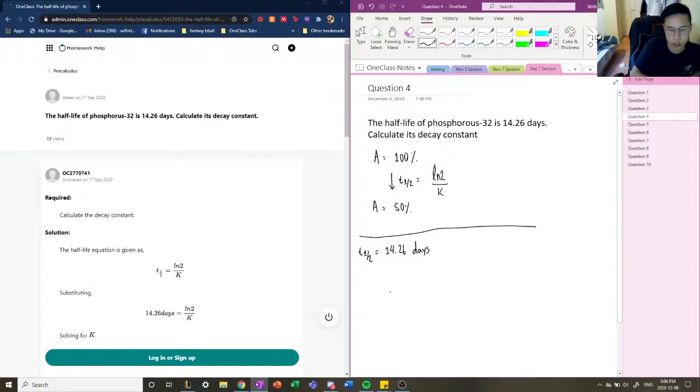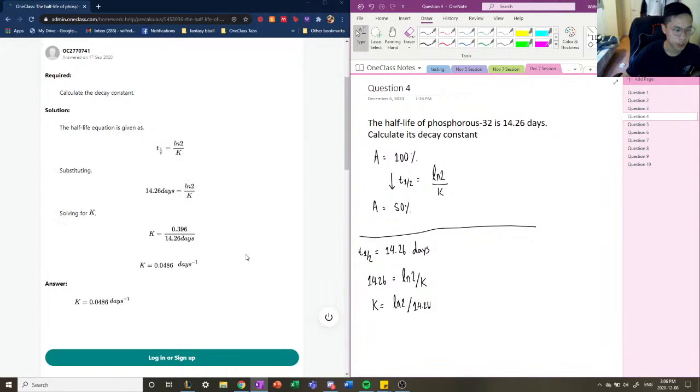If we want to calculate the decay constant, we need to plug it into our equation here. So 14.26, I'm not going to include the units here, equals ln 2 divided by k. So we have k equals ln 2 divided by 14.26. Okay, that makes sense.